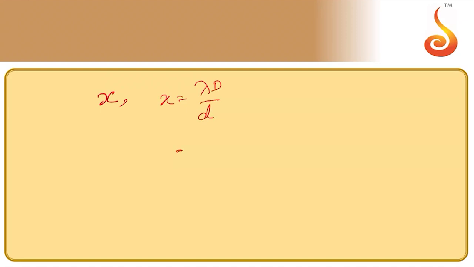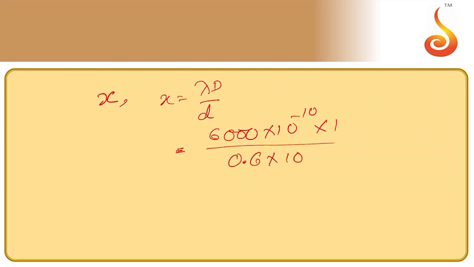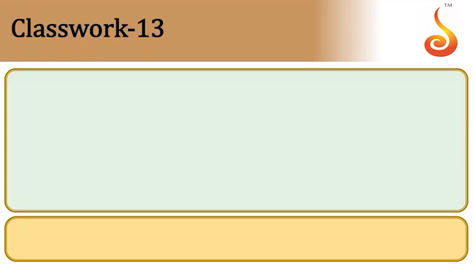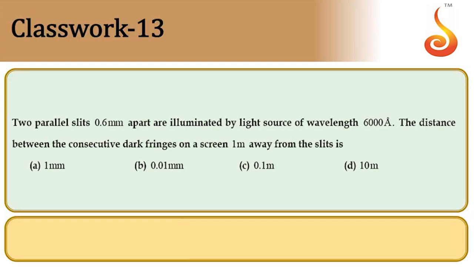It is equal to the fringe width. So 6000 into 10 to the power of minus 10 into 1 whole divided by 0.6 into 10 to the power of minus 3. That is 1 into 10 to the power of minus 3 meter, or 1 millimeter. So the successive dark fringes are separated by 1 millimeter.